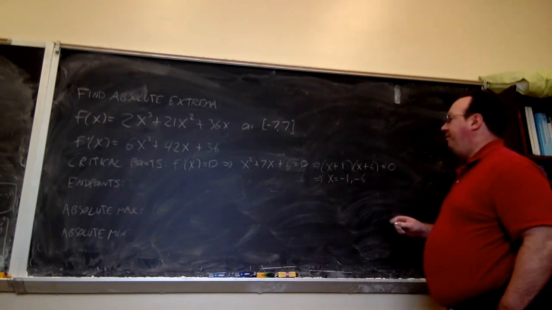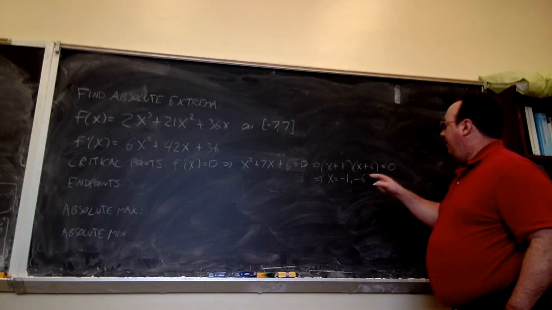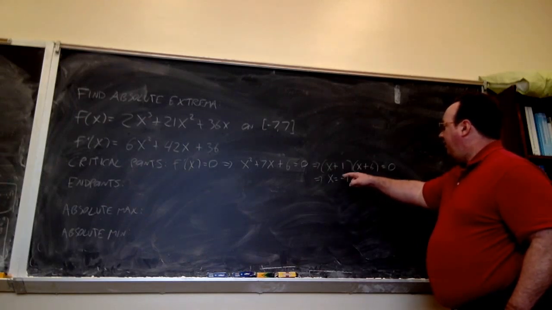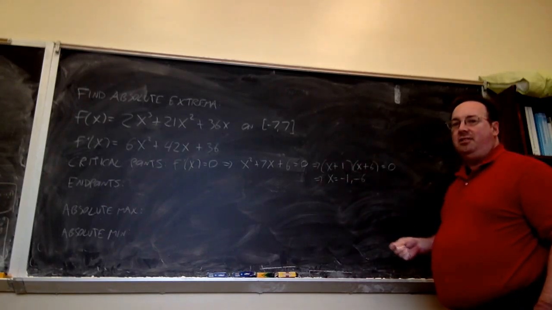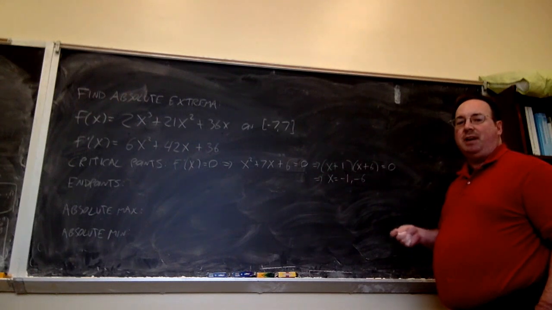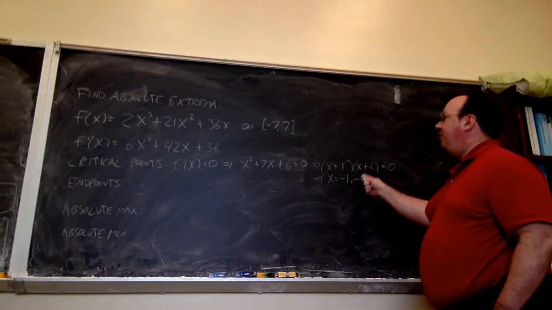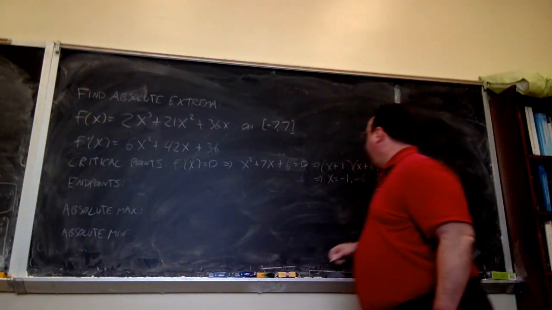Now, since the critical points are candidates for where an absolute min or an absolute max can occur, I must substitute these values into the original function.